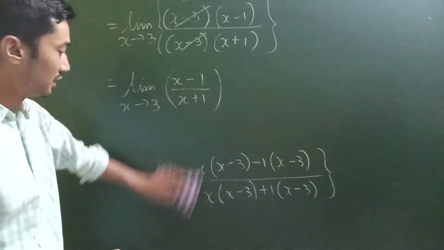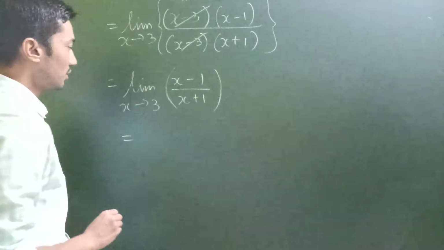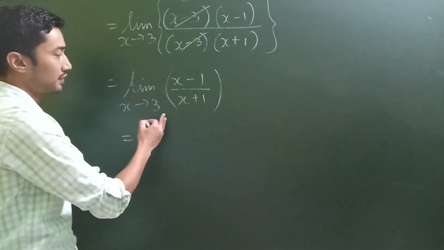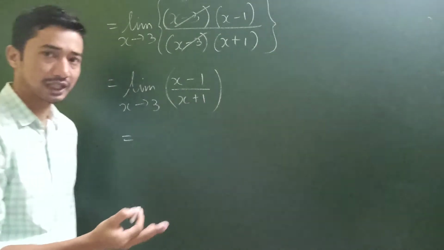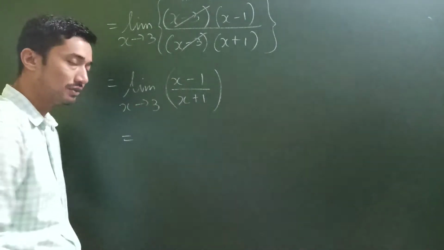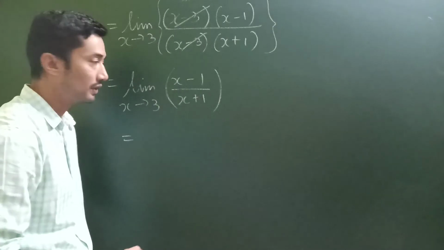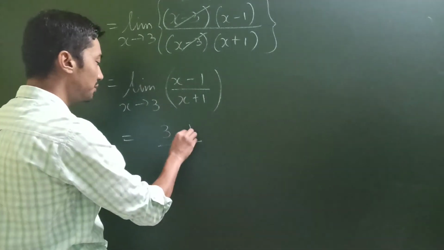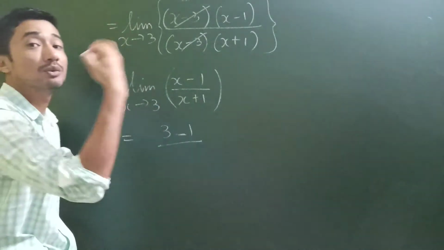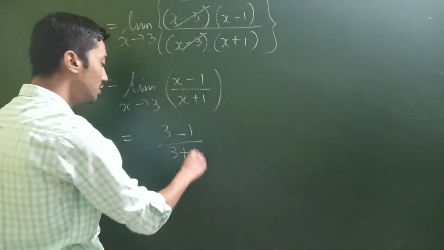Now here, if we use the value of 3, we know that we are not going to get 0 by 0. So now we can use the value of 3, the assumed value where x tends towards 3. Mathematically speaking, this limit now goes, because we have already used that limit.